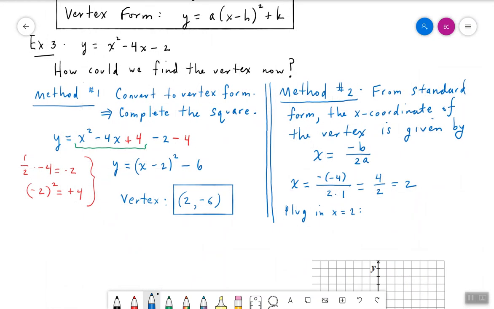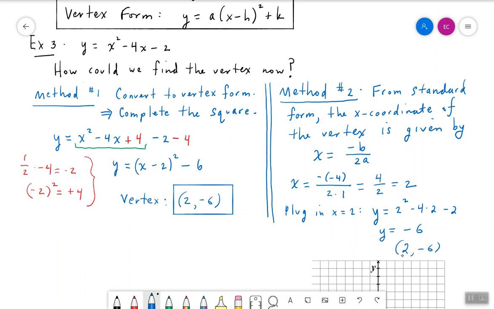And we'll get y equals 2 squared minus 4 times 2 minus 2. And that's 4 minus 8 is negative 4, minus 2 is negative 6. So x equals 2, y equals negative 6.